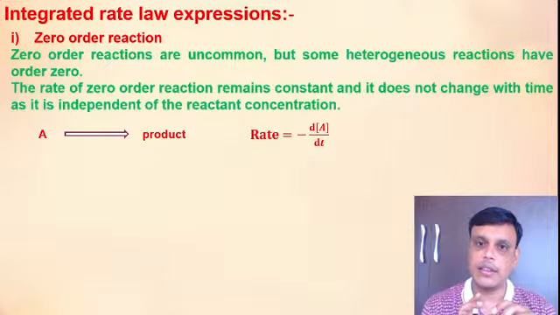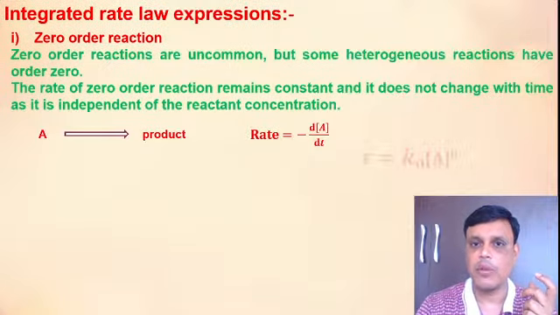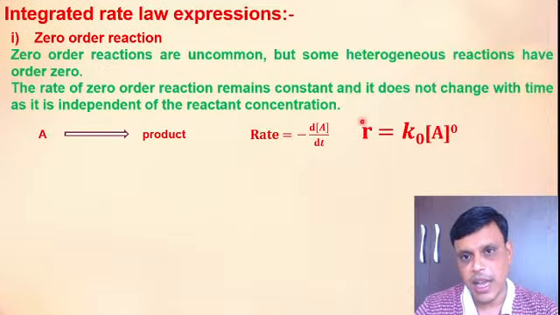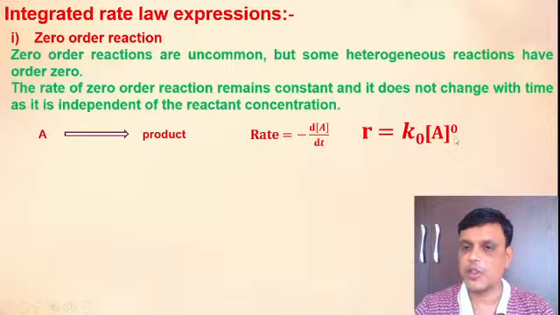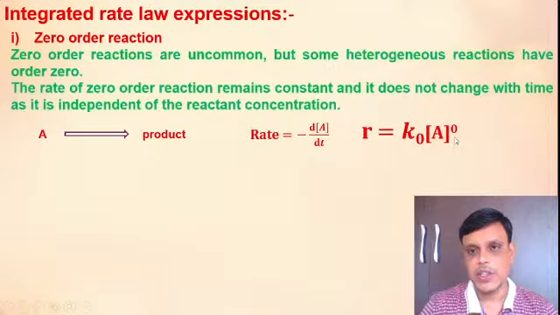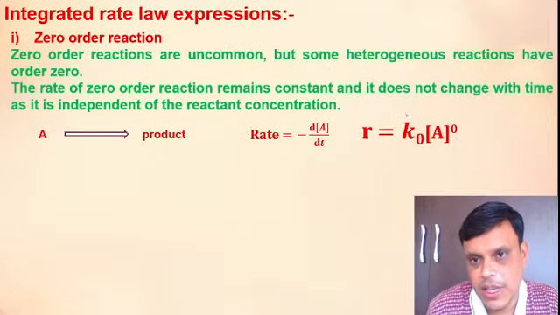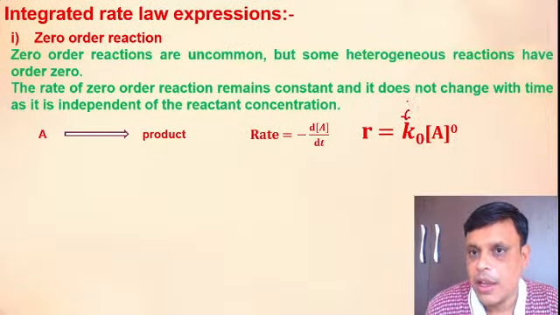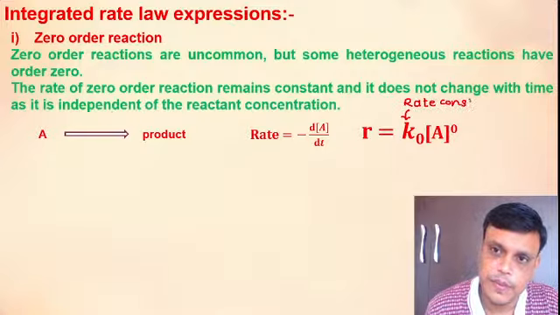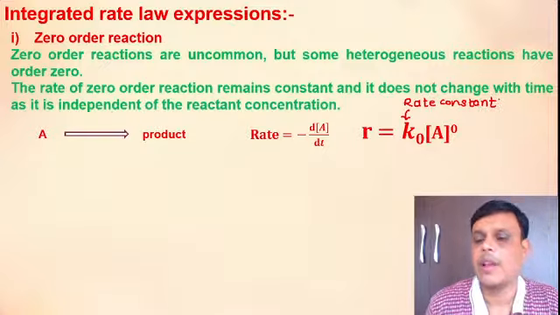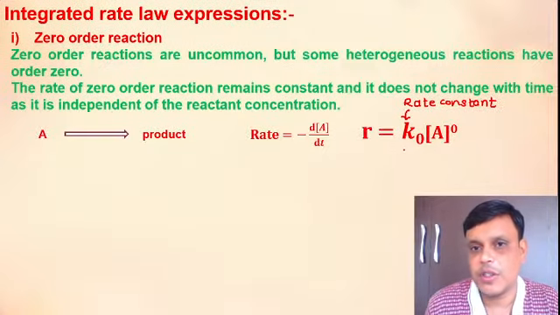And in another form, the rate law, how will you write? The rate is indicated by small r, r is equal to K0 concentration of A to the power 0. What is this K0? K0 is the rate constant for zero order reactions.